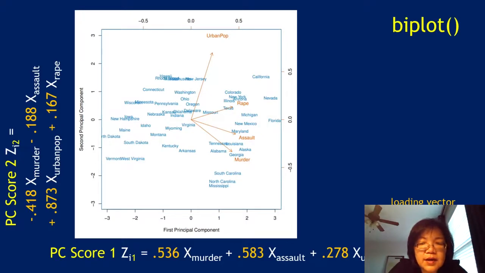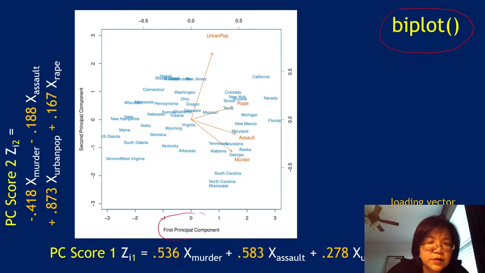And this is how we look at the data set using a visualization called a biplot. You can easily plot this in R using the biplot command. You will have calculated 2 PC scores, and then the biplot can just plot out the 2 PC scores.